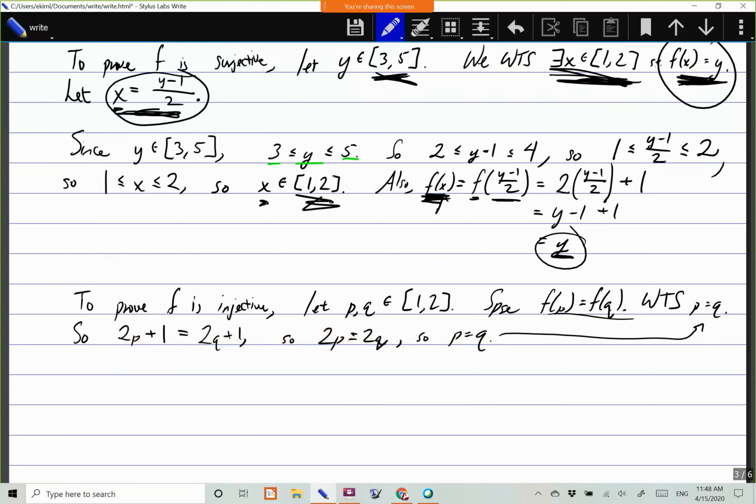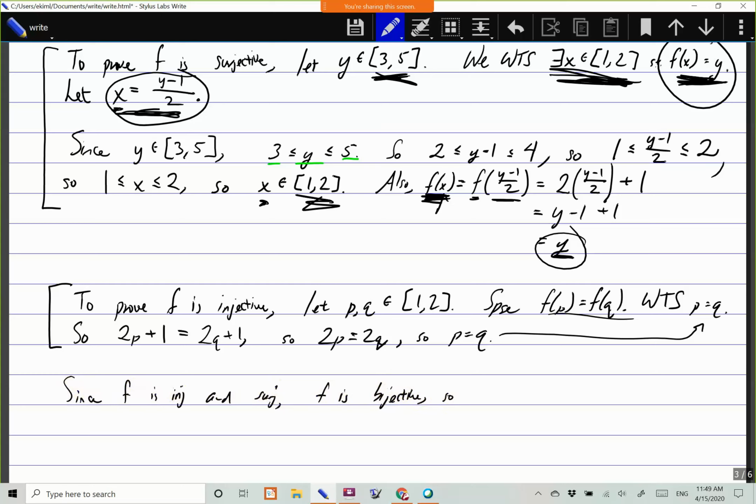So we've now proved f is surjective. In these 2 lines, we've proved that f is injective, right? So we're done. We could already draw a box, but maybe I'll just say since f is injective and surjective, f is bijective.